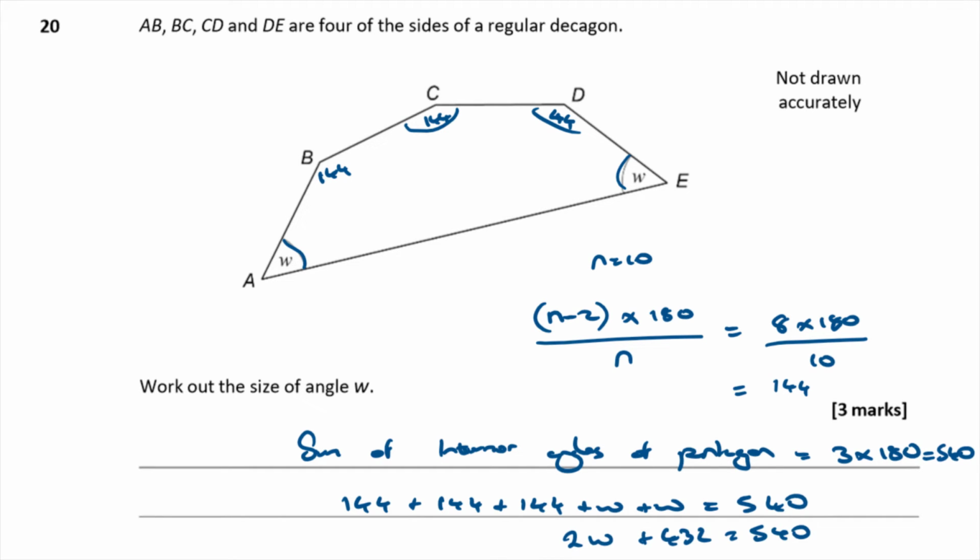Then take 432 from both sides, that's going to leave me 540 minus 432, that's 108. So 2W is 108, which means that W is half of that. It's 54 then, isn't it? So W is going to be 54 degrees.